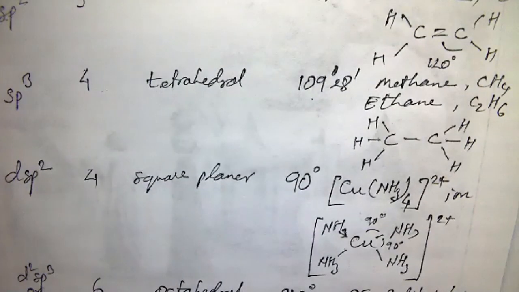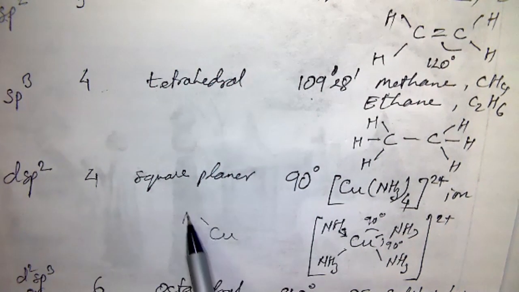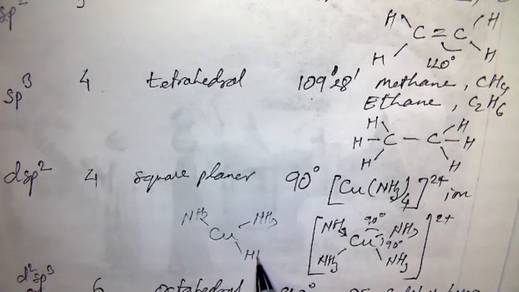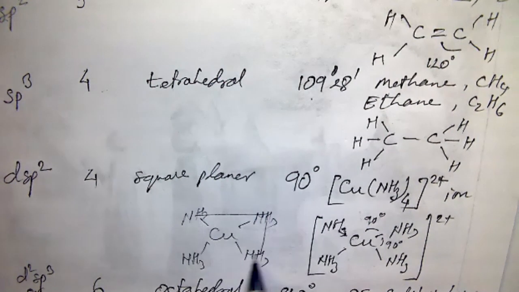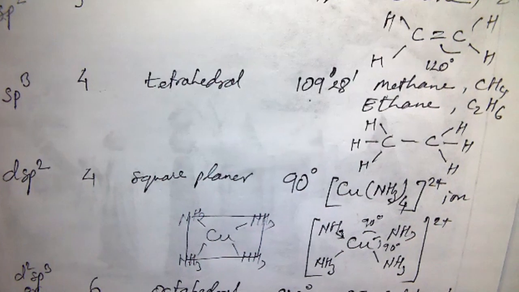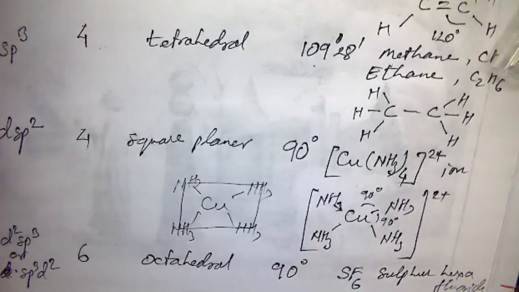So four of the NH3s are in the form of a square. So they are called square planar. If I write like this, Cu, you'll have NH3, NH3, NH3 and NH3. These all forming a square. That's why they are called square planar. These all are in the same plane.